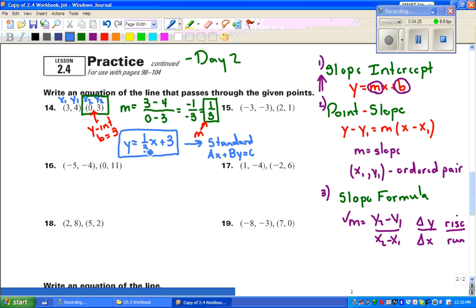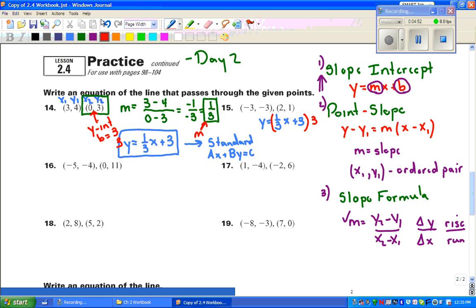You had to divide to get the 3, because this 3 right here used to be in front of this. So if you want to get this 3 out of here, you're going to have to take this whole side and multiply it by 3. So we're going to have y equals 1/3 x plus 3. I'm going to take this whole side over here, and I'm going to multiply it by 3.